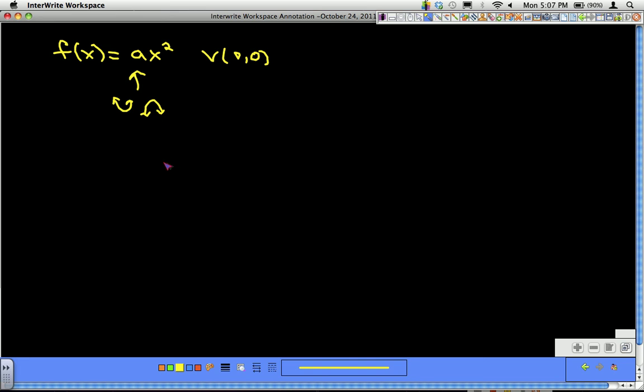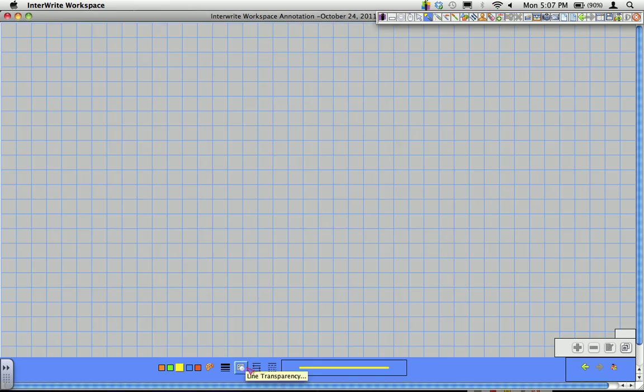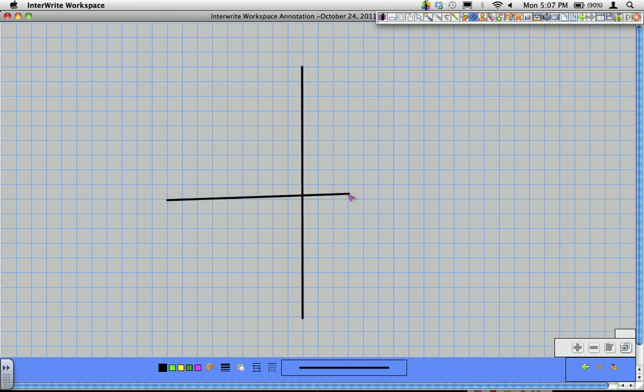So one thing we want to do is base this all on the parent function. For our parent function, we're going to start with something simple. So we get our axes set up here. And then all we have to really deal with for the parent function are a few points that you want to try and remember.